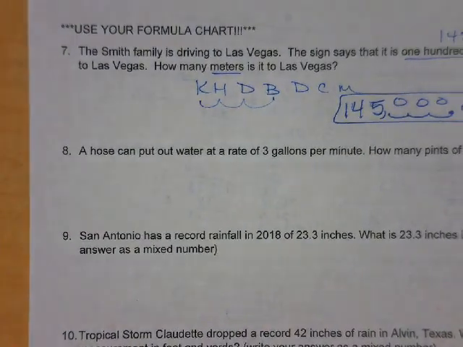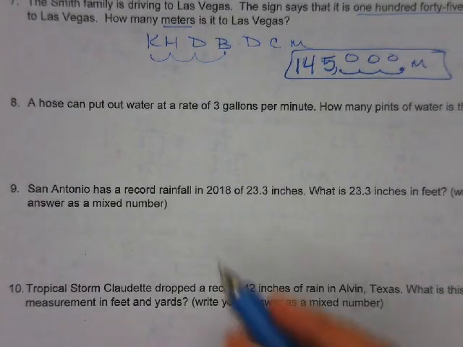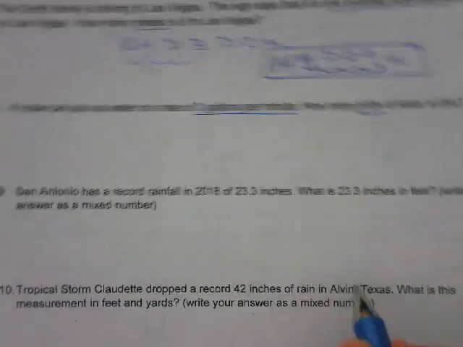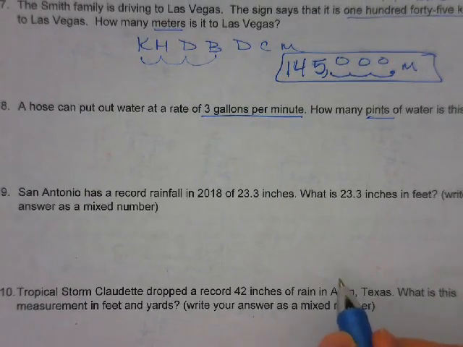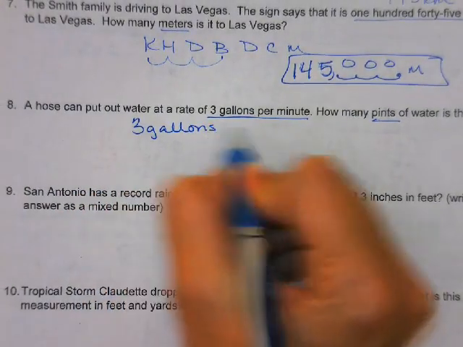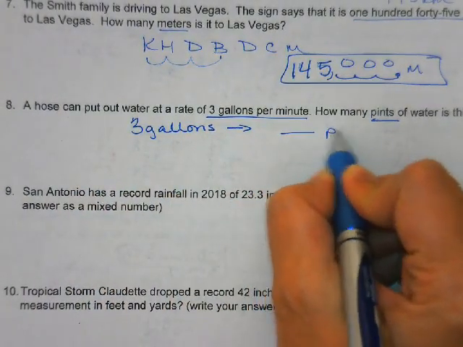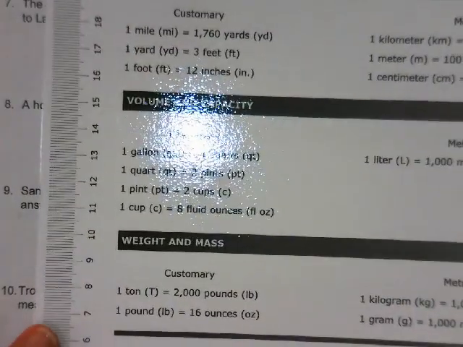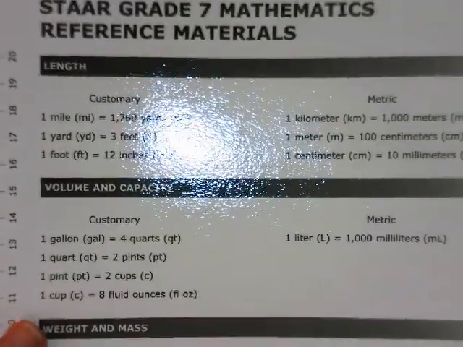A hose can put out water at a rate of 3 gallons per minute. How many pints is this? So make sure you're using your formula chart. So if I have 3 gallons and I want to go to pints, on the formula chart we're not going to be able to go directly to that.